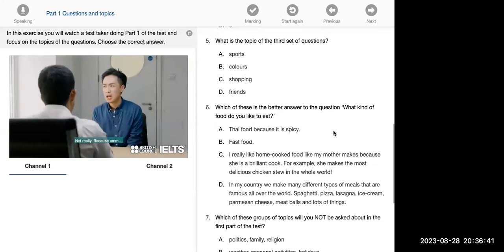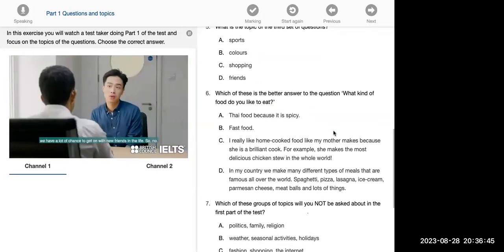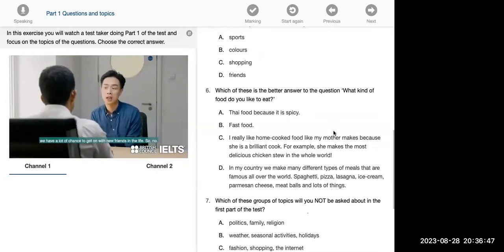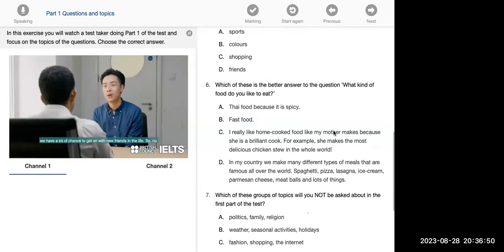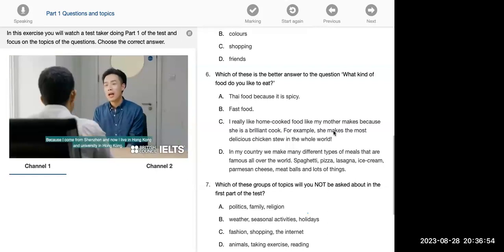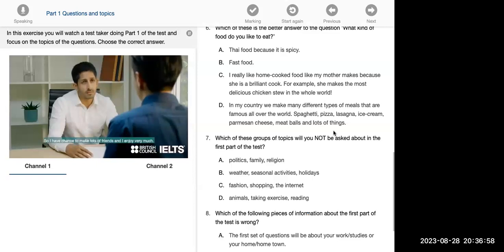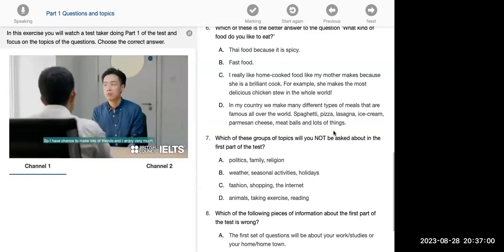Not really, because we have a lot of chances to get on with new friends in our lives, so no. Why not? Because I come from Shenzhen and now I live in Hong Kong and study at university in Hong Kong. So I have the chance to make lots of friends and I enjoy it very much.